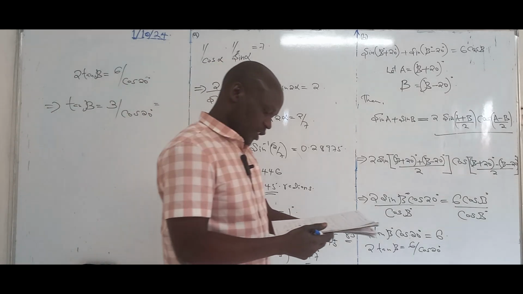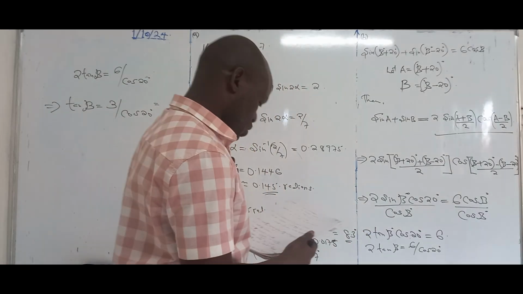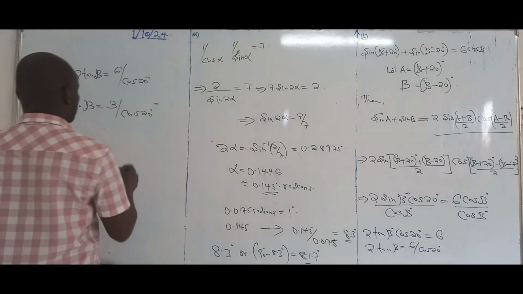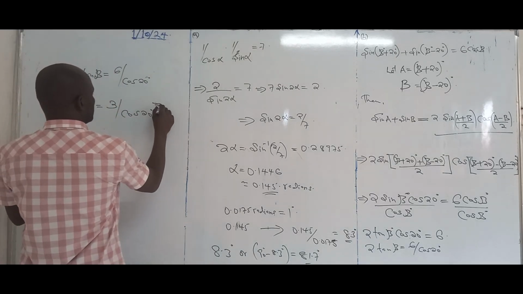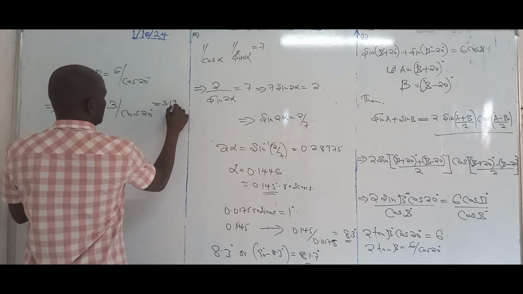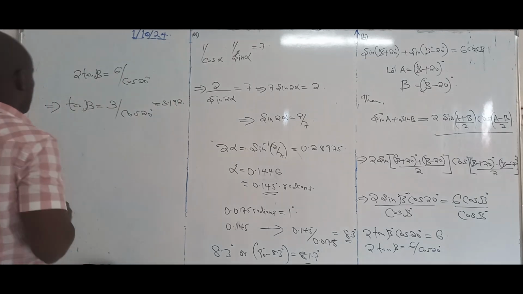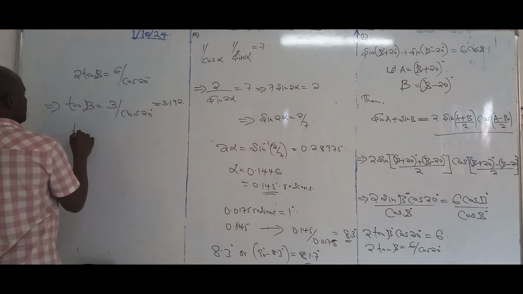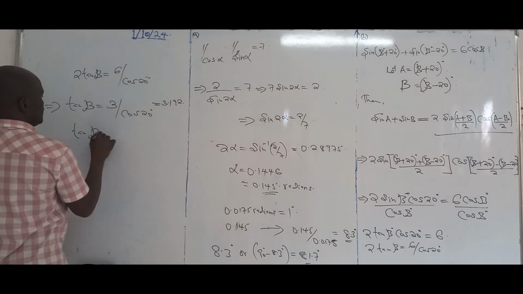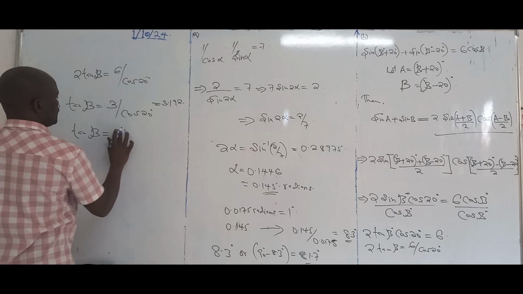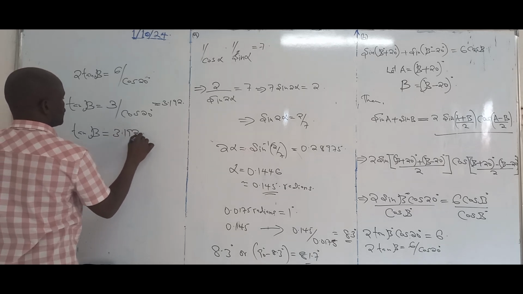3 over cos 20 degrees should be about 3.192, using a calculator. So tan beta is equal to 3.192.